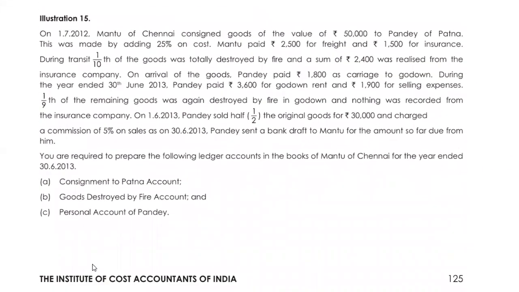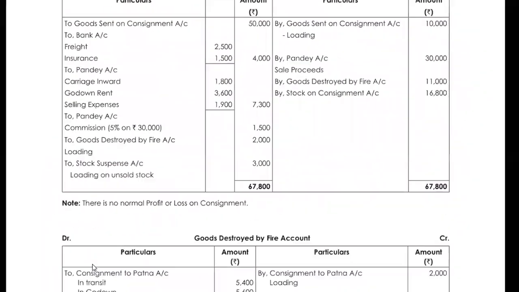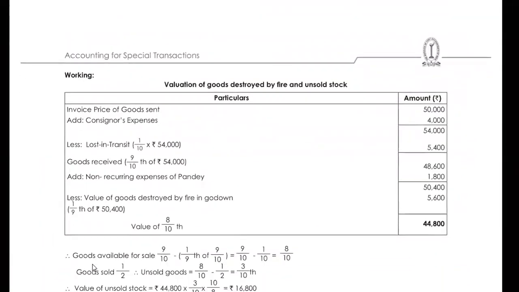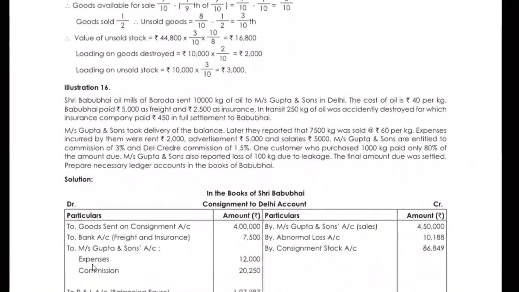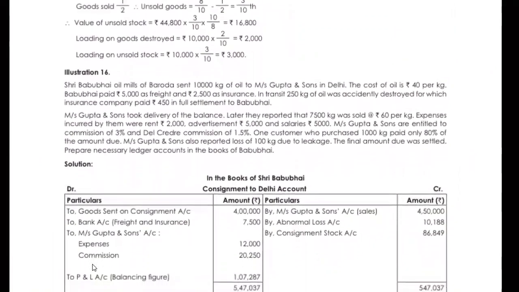Question 15, Chennai consumer goods. ठीक, 15 is easy. 16 is the same sum that we have done in the joint venture as well.